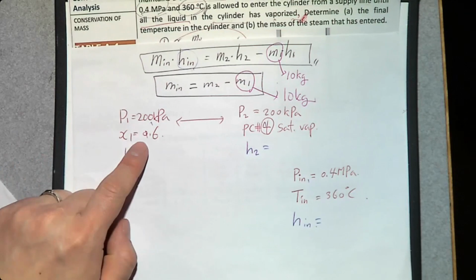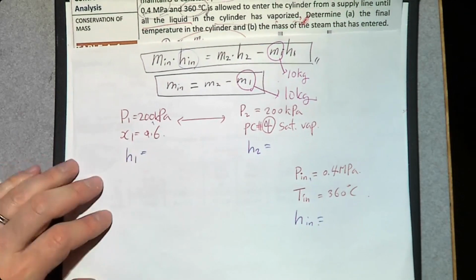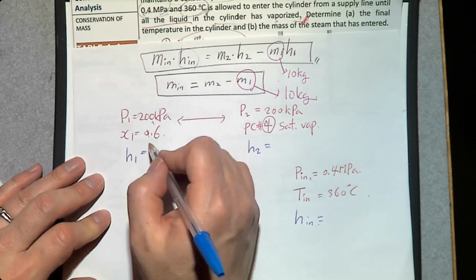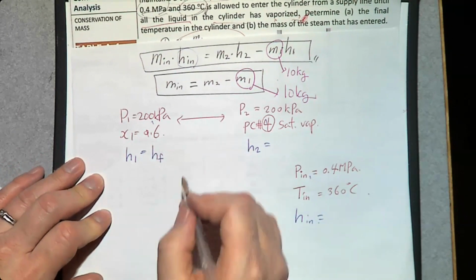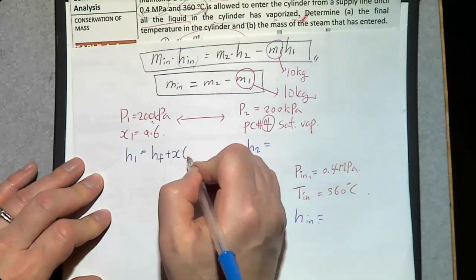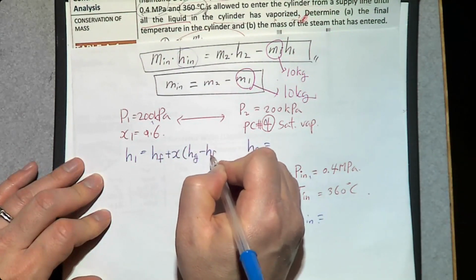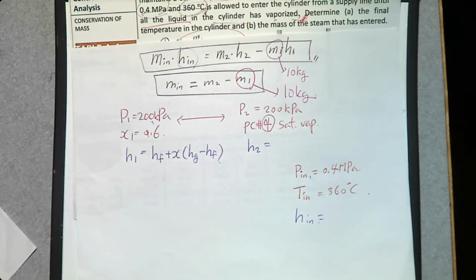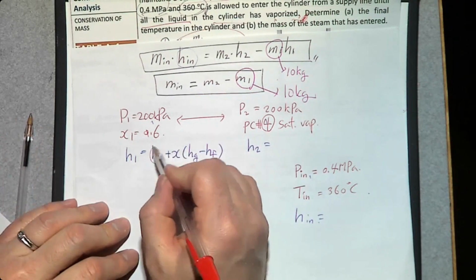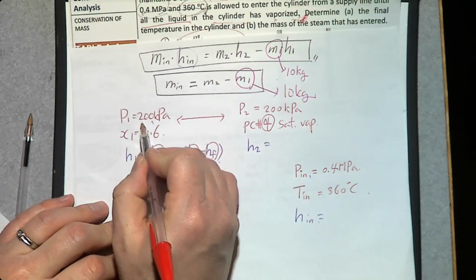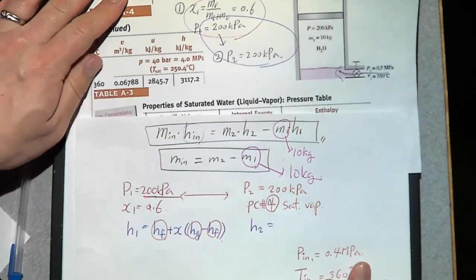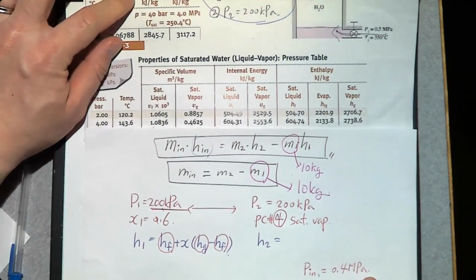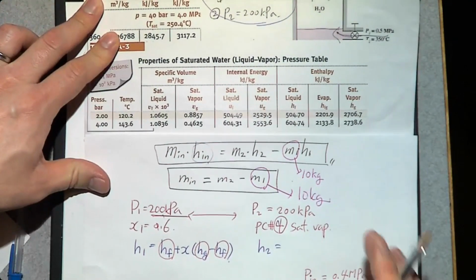The first one is easy. It's a saturated mixture. If you have a saturated mixture, you can use HF plus quality X times HG minus HF. And you can find these values from where? At 200 kilopascal. Let's see if we have the table. Oh, we have the table right here.